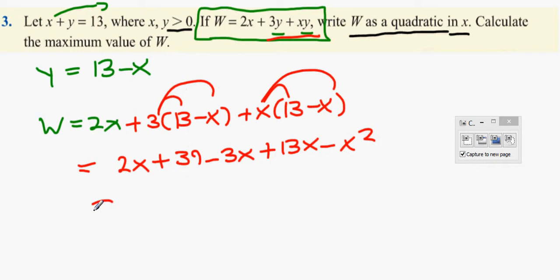Then 2x minus 3x is minus x, plus 13x is 12x. So we have minus x squared plus 12x plus 39 equals w. That's the quadratic equation written in terms of x only.